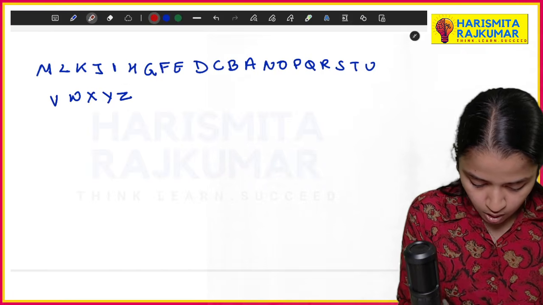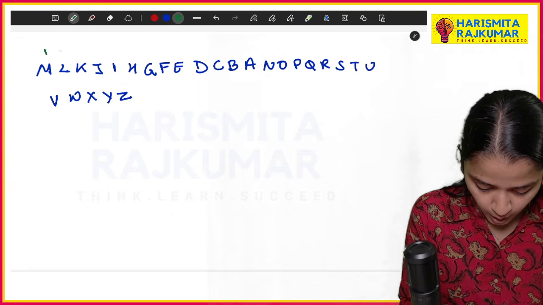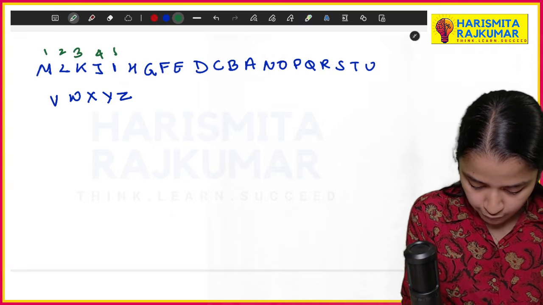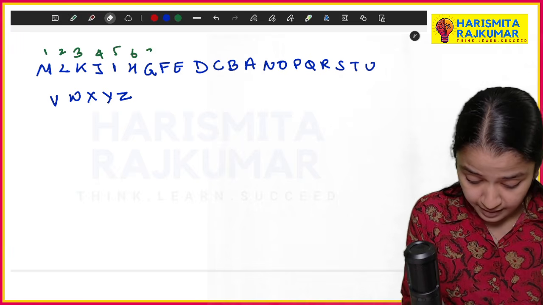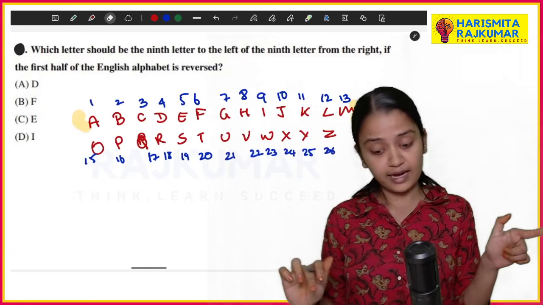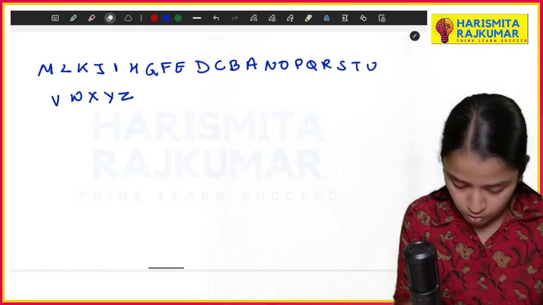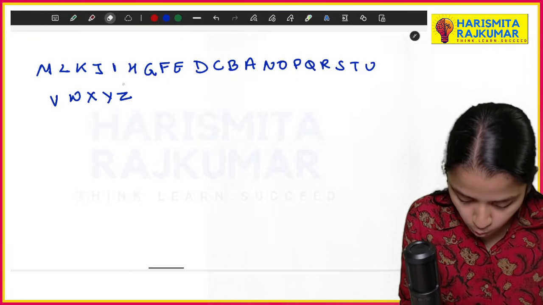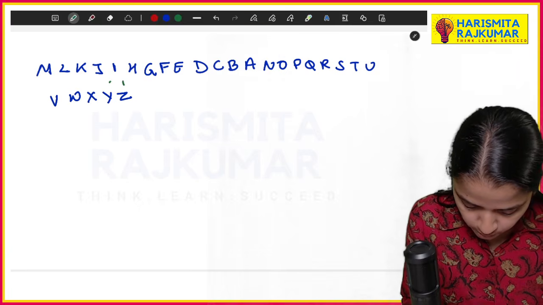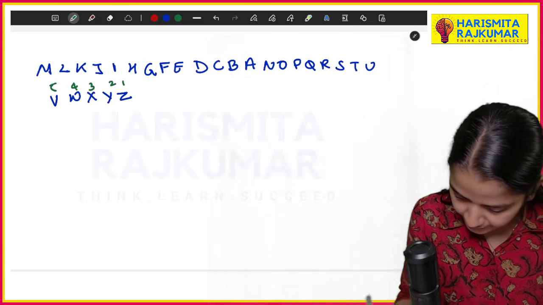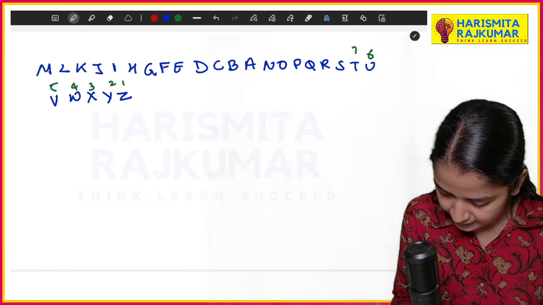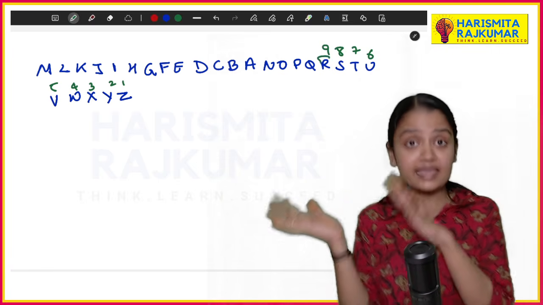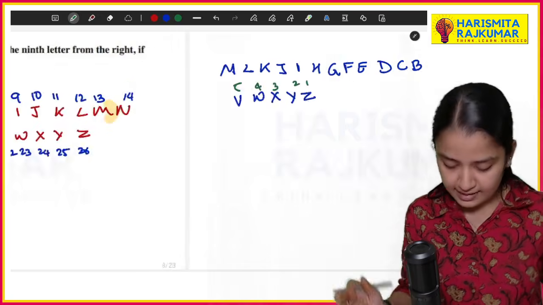This is the right hand side. So let me write 1, 2, 3, 4, 5, 6, 7, 8, 9. So this is the 9th letter from the right hand side.